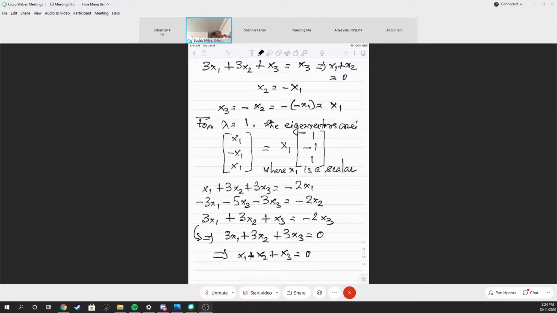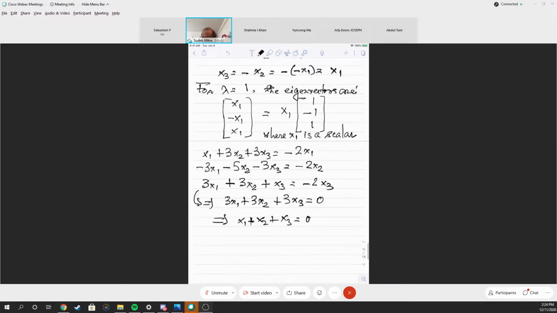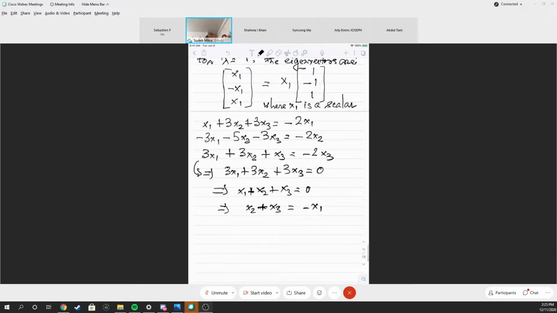This is interesting. And how do you manage this? This is very nice. So that means x2 plus x3 is equal to minus x1. So your x1 is free, therefore.